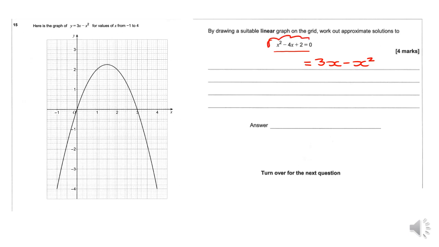So I'm going to take away 3x from this side. I'm going to add x squared from the right-hand side as well to make it equal to 0. So what else do I need on here? Well, if you think about it, I'm going to subtract 3x and I want a -4x. So I think I want to have a negative x here. And if this isn't quite making sense, I'll show you how it works in a minute.